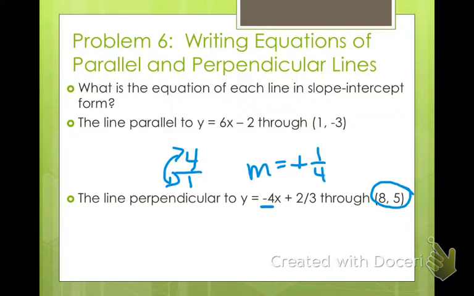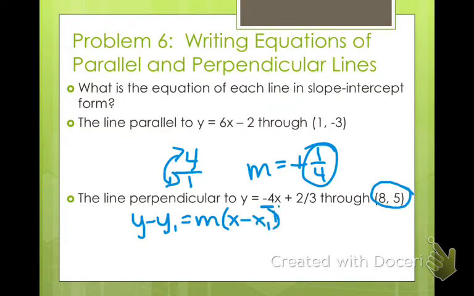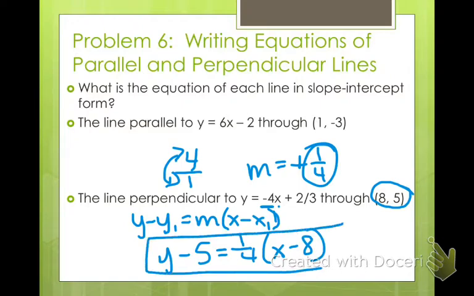So my new slope is 1/4. So we're going to plug those in. Y minus y1 equals m times x minus x1. So y minus 5 equals 1/4 times x minus 8. That's your equation.